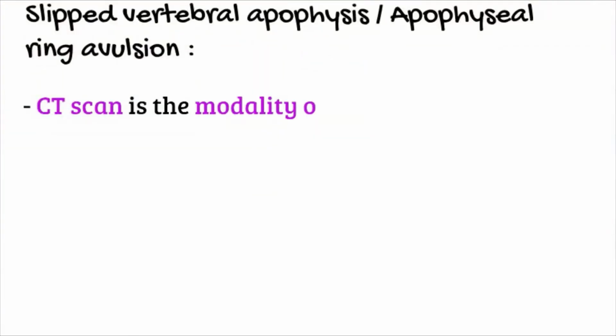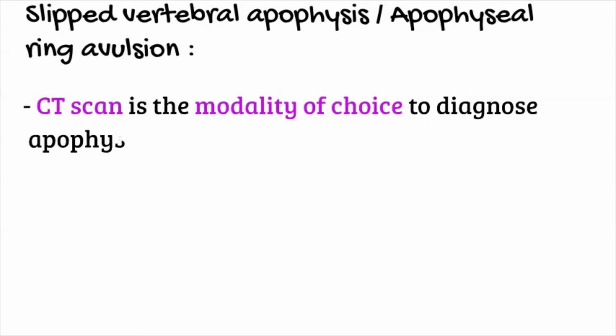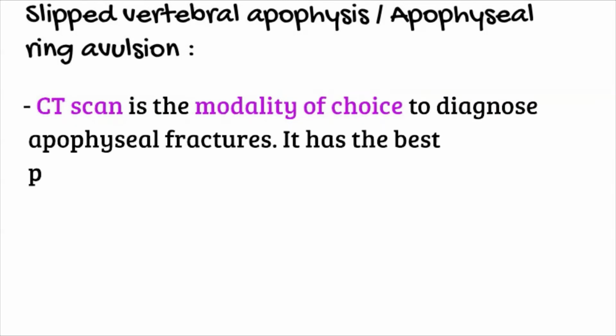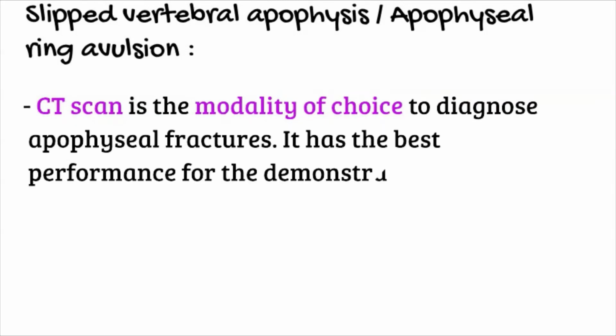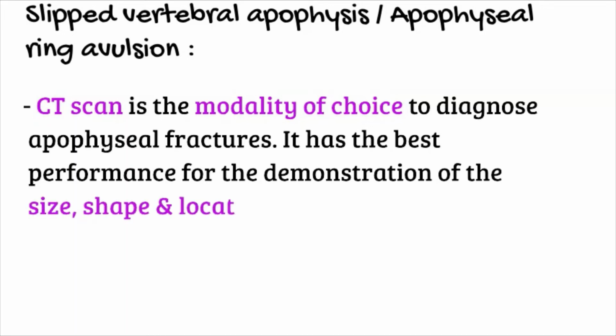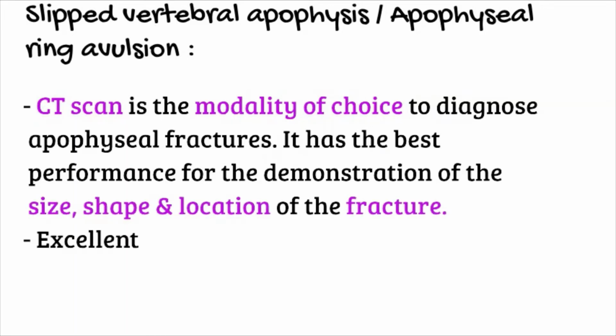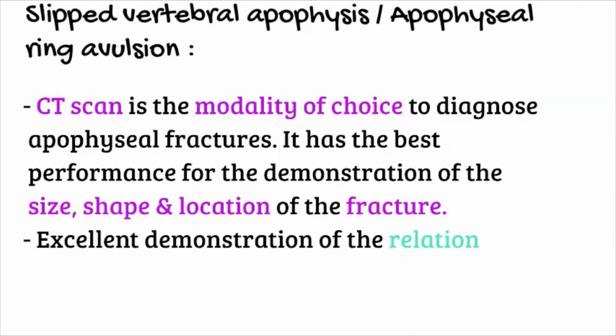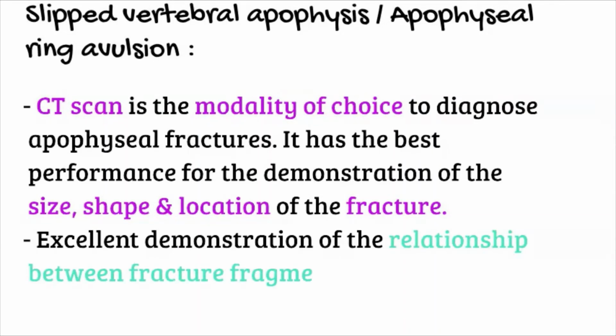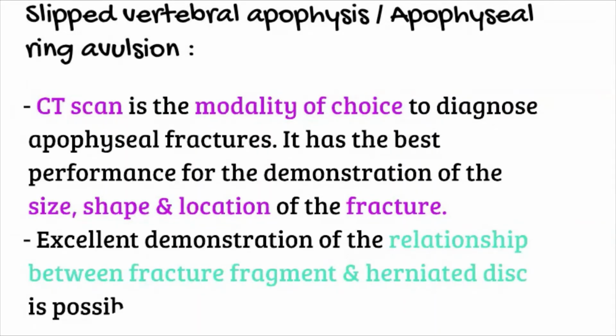CT scan is the modality of choice to diagnose apophyseal fracture. It has the best performance in demonstrating the size, shape, and location of the fracture. Excellent demonstration of the relationship between the fracture fragments and the herniated disc is possible with CT scan.